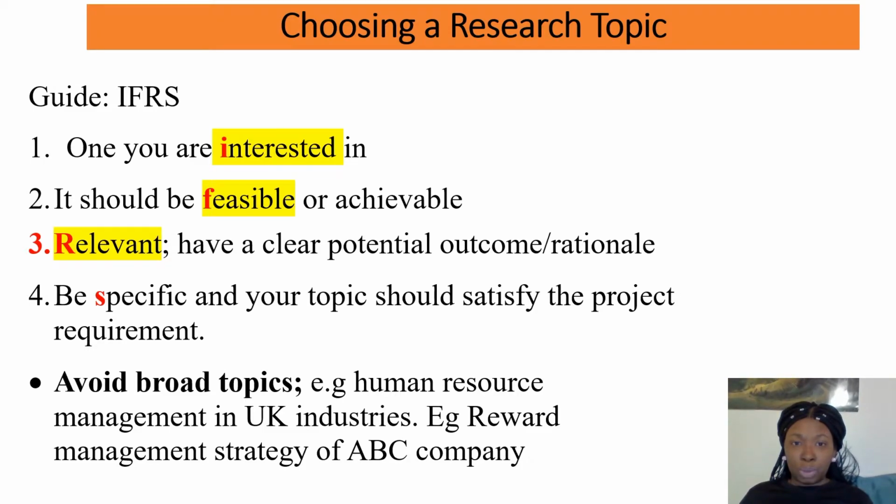And if you're doing a paid project, maybe you're required to write a research proposal for a PhD that is being sponsored, maybe a studentship, there will most likely be a topic already. You need to know what the focus is. And in subsequent videos, I will talk more about those particular proposals.